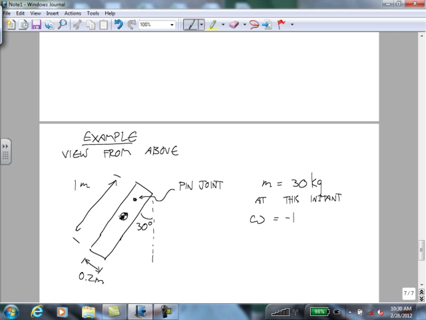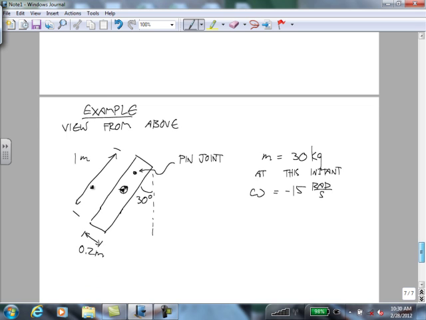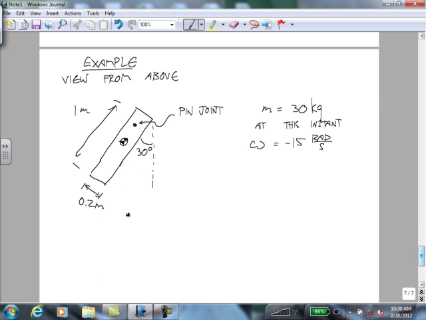This angle is 30 degrees. And at this instant, this object's rotating with an angular velocity of negative 15 radians per second.